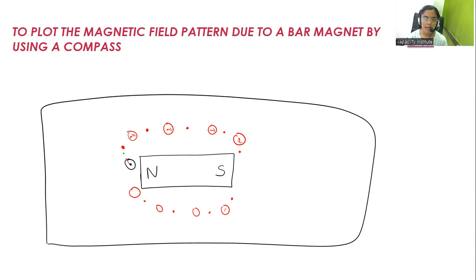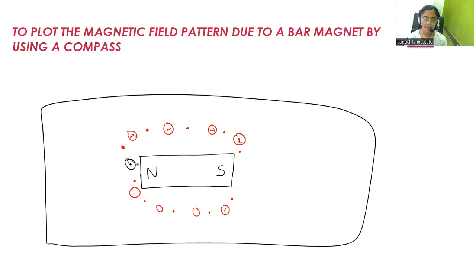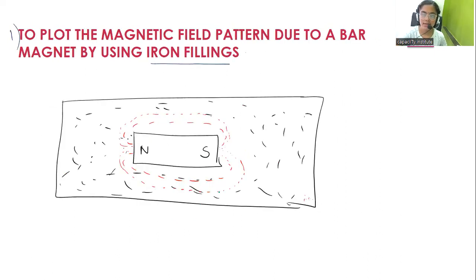Now join all these points. Here also we have already seen. Now, what you are supposed to do is join all these points. You have seen in the previous one also, we can notice things in the same way.